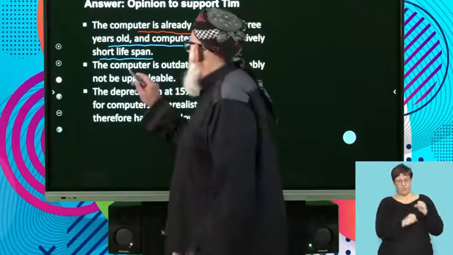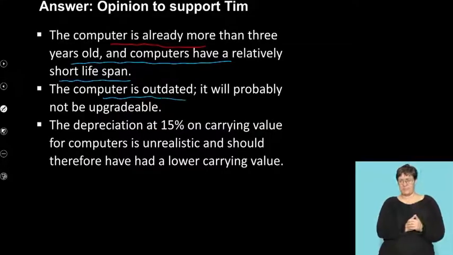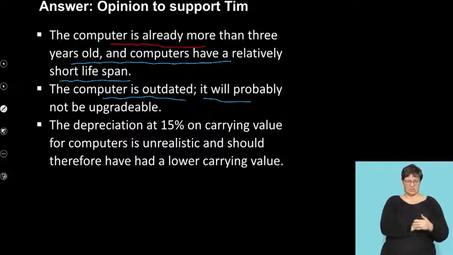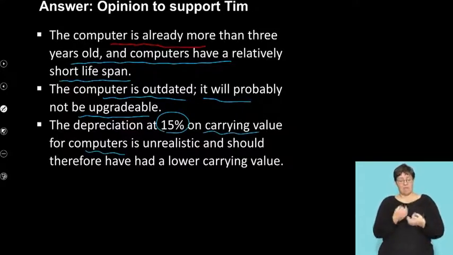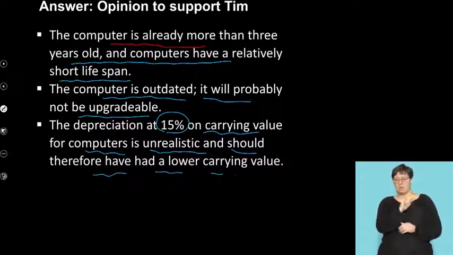Okay, the computer is outdated, as I mentioned. It will probably not be upgradable. That means you can't upgrade it because obviously now there's new technology on the market. The depreciation at 15% on carrying value for computers is unrealistic and should therefore have had a lower carrying value. Definitely true.